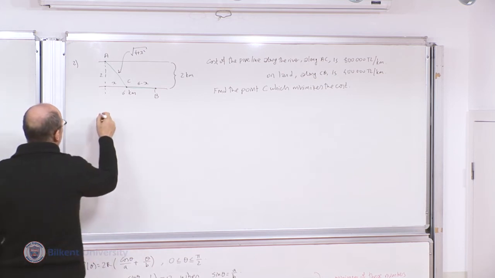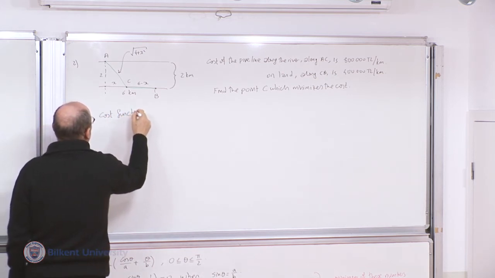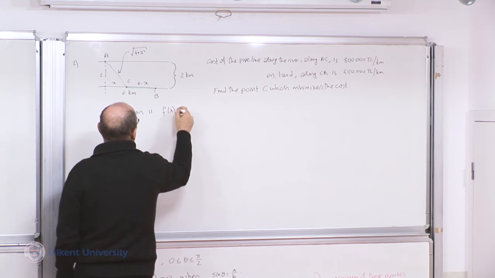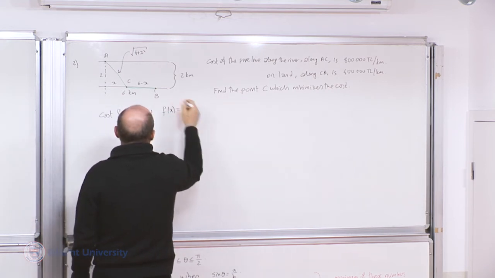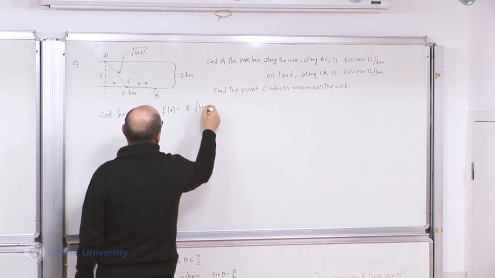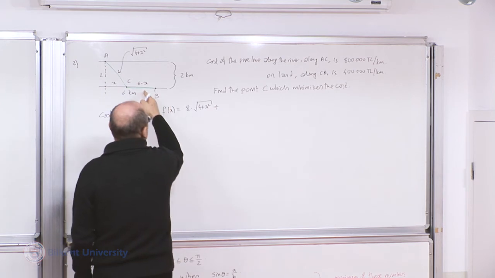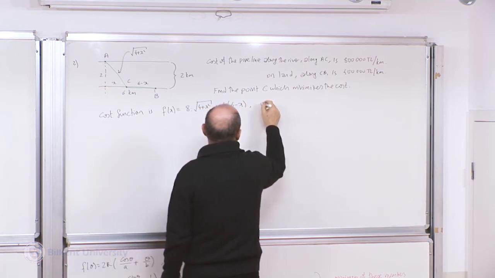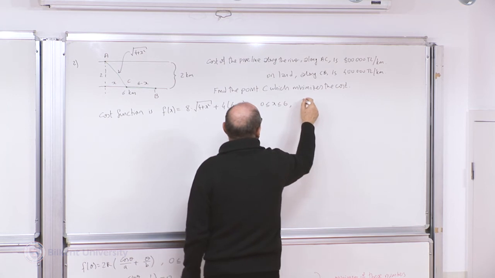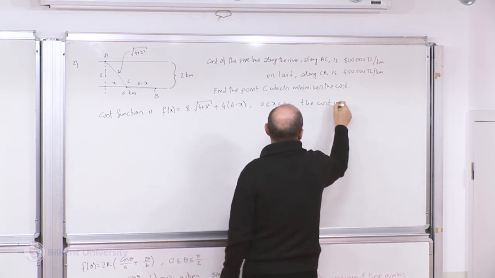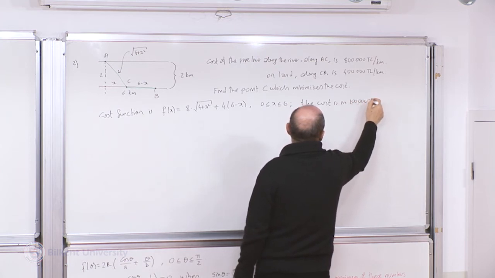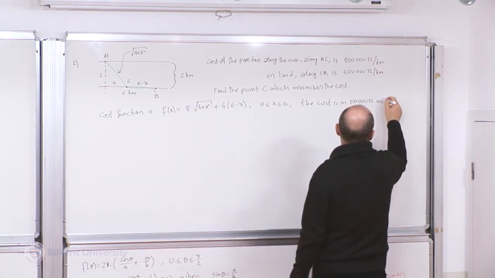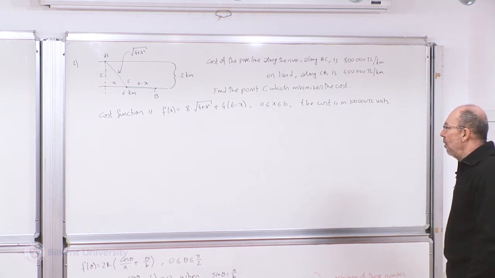So the cost function, again I called it x, is f of x equals 8 times the square root of 4 plus x squared, plus 4 times (6 minus x), where x is between 0 and 6. The cost is in units of 100,000 liras.